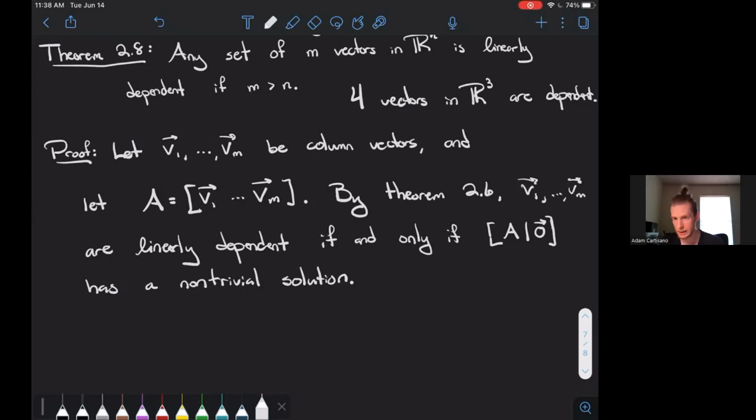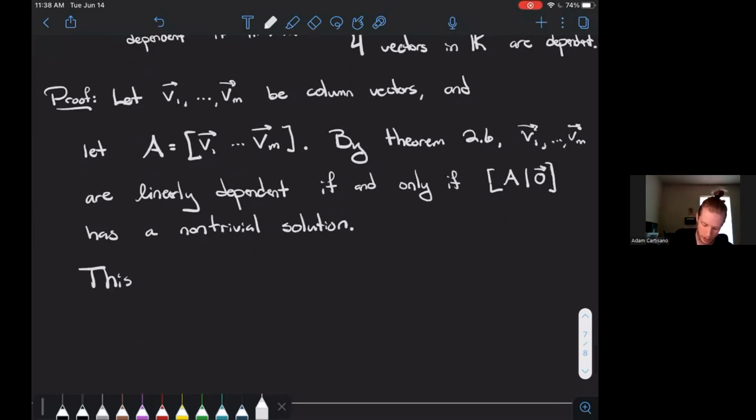But we had a theorem, theorem 2.3, which I guess was in the previous section, which said that this has to happen. It's the rank theorem, actually. By the rank theorem, the number of free variables is the number of columns minus the rank.